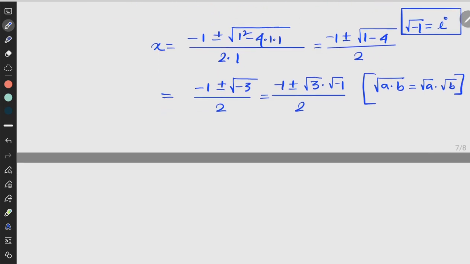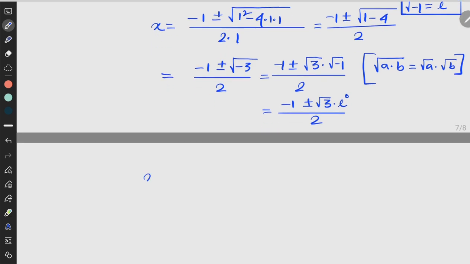Next, we can write this as minus 1 plus minus root over 3 into i by 2.